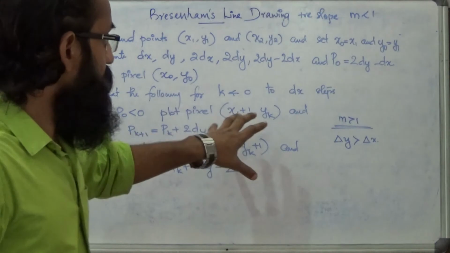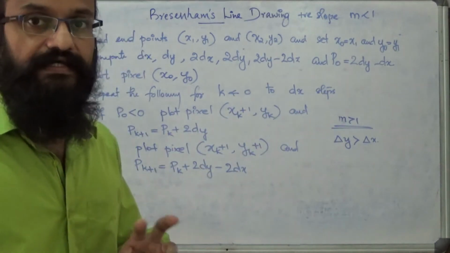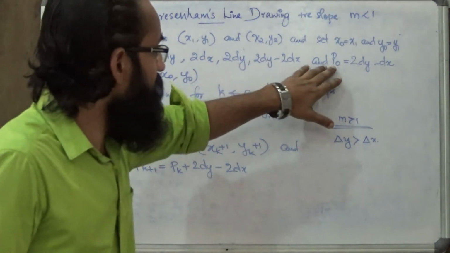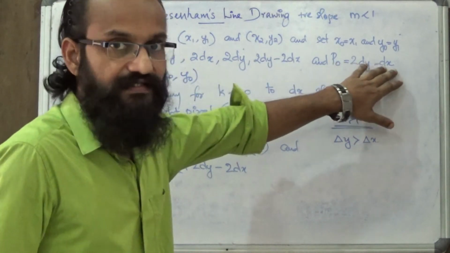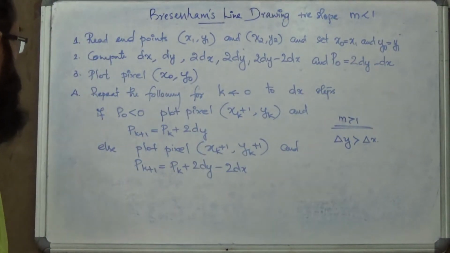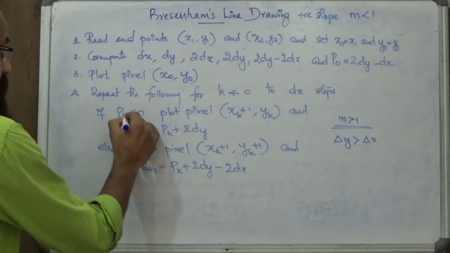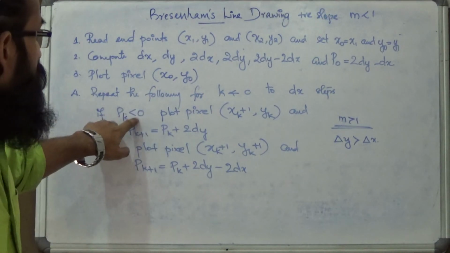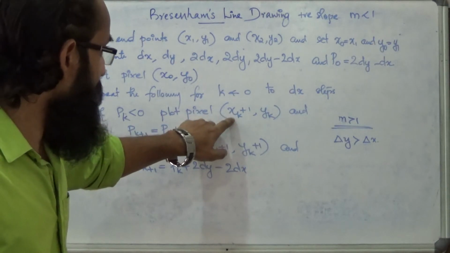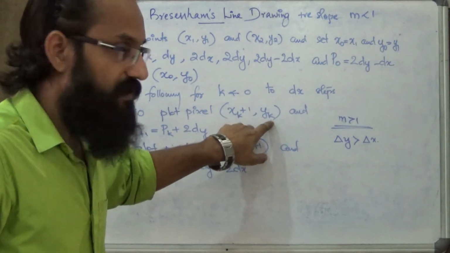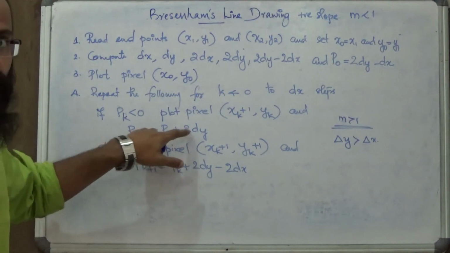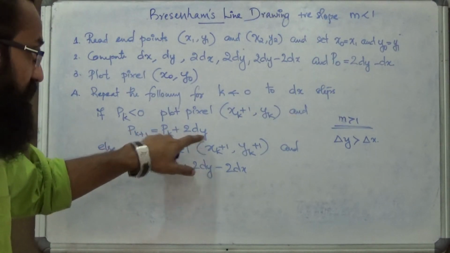Here the roles of x and y get interchanged. The starting decision parameter will be 2 dx minus dy in that case, and it will be pk. If pk is less than 0, you plot the pixel xk, yk plus 1, and pk plus 1 will be pk plus 2 dx.